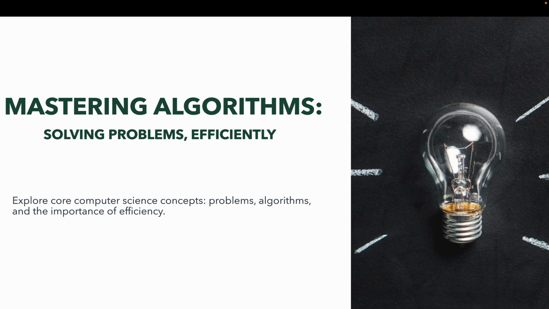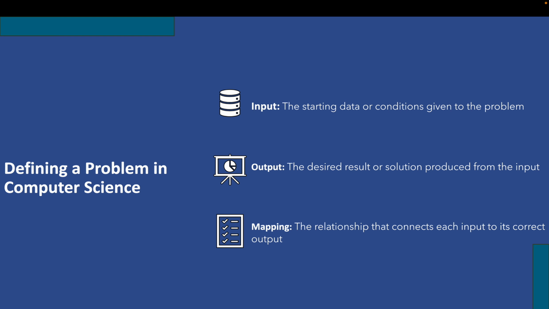It's like an introduction, and first of all, we want to explore the core computer science concepts, problems, algorithms, and the importance of efficiency. First of all, what is a problem in computer science?